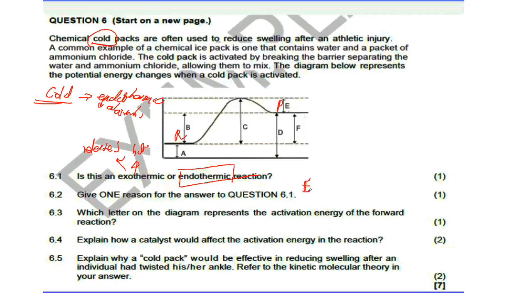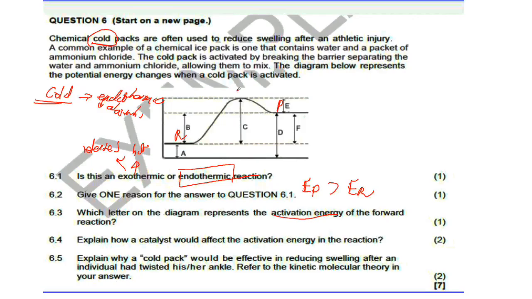You say the energy of the product is greater than the energy of the reactants. Then 6.3 says, which letter on the diagram represents the activation energy of the forward reaction? We know that the activation energy is the energy all the way from the reactants to the activated complex.